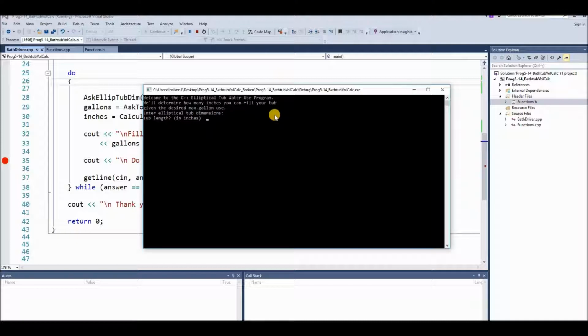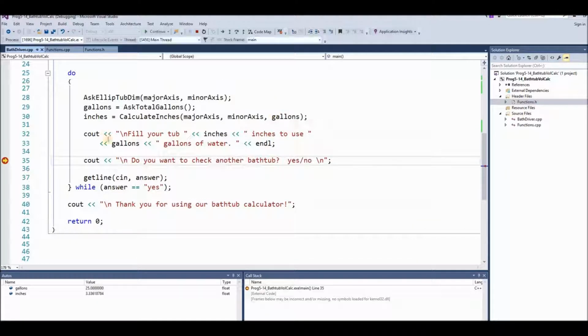Okay, so the tub length was 59 inches and the tub width was 39 inches and the gallons were 25. So I have some answers. Okay, that part's working fine.